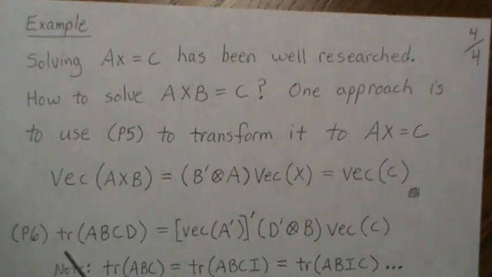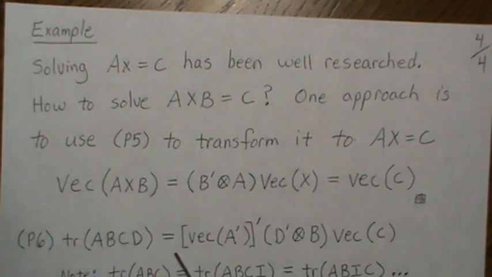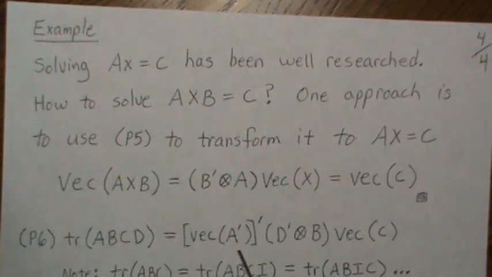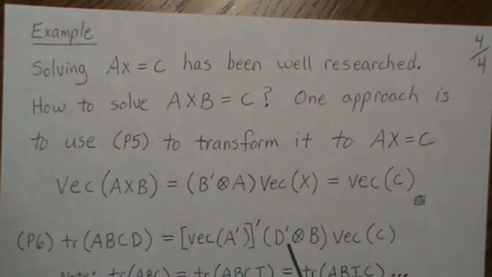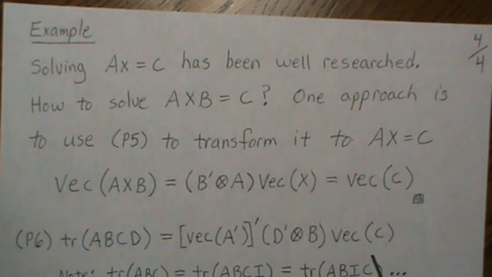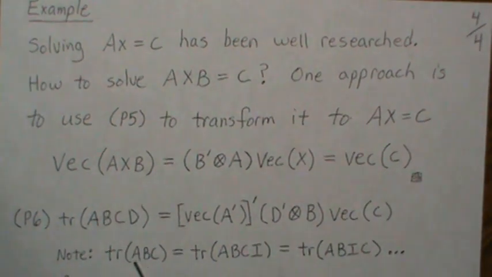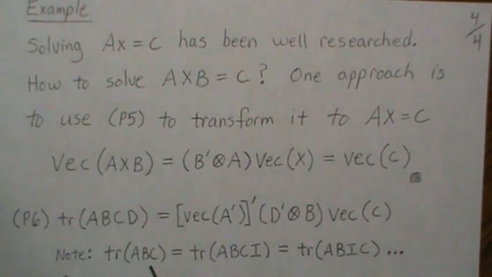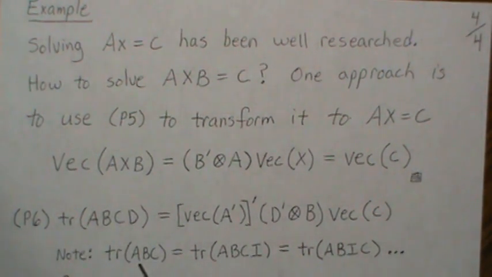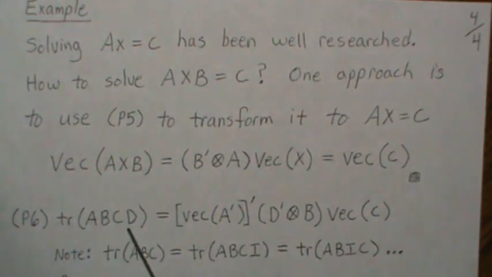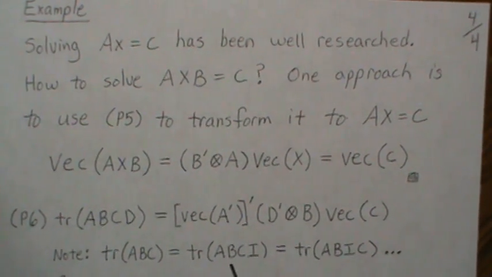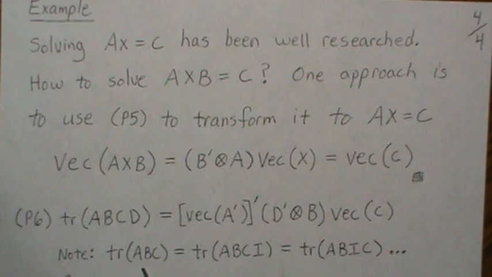So the next property: the trace of ABCD is equal to this, the vec of A transpose times this Kronecker product times the vec of C. This property can be used to simplify, for example, the trace of ABC. There are four matrices here, but when you multiply by the identity matrix, this is the same as this.